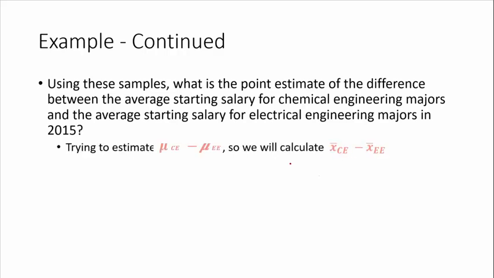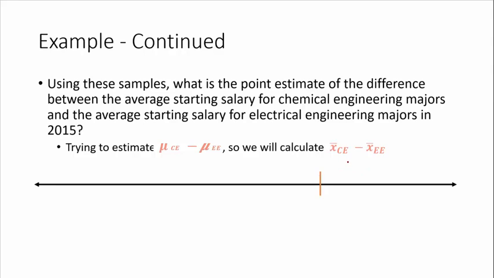So we're trying to estimate the difference between chemical engineers and electrical engineers' average salaries, the true value, but we don't know that, so we're going to use this sample average for each of those two and calculate the difference. This is really just to say how far apart on the number line are chemical engineers and electrical engineers' starting salaries.